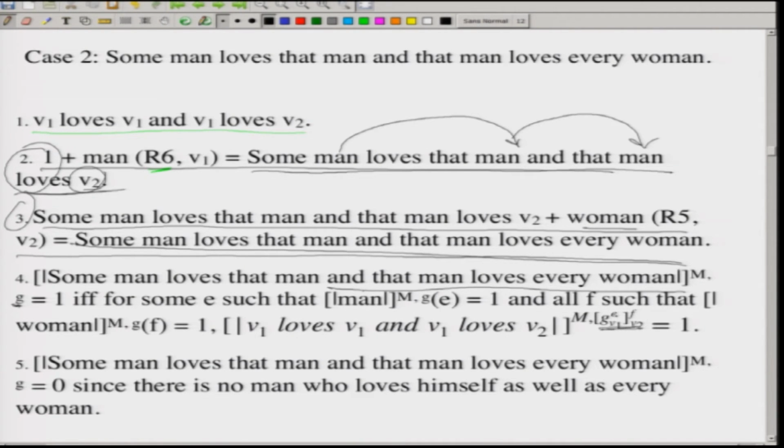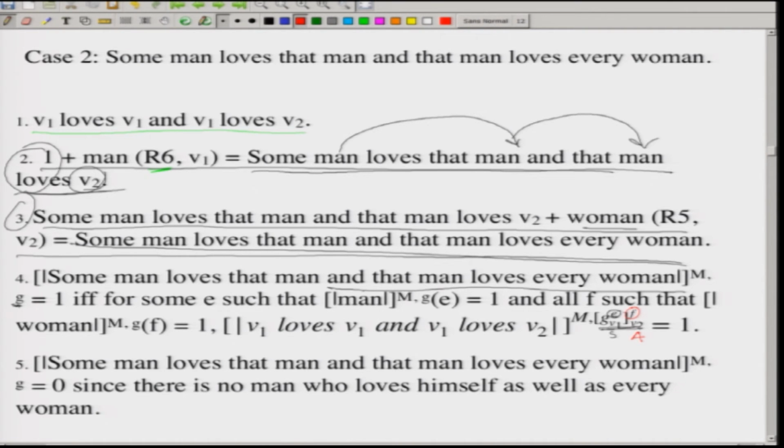So here we are talking about the G which assigns E to V1 and F to V2, but E is a case of some, whereas F is a case of all, because we remember all women, which means precisely that we need to find at least one man who loves every woman.